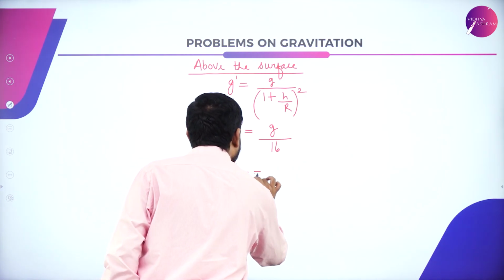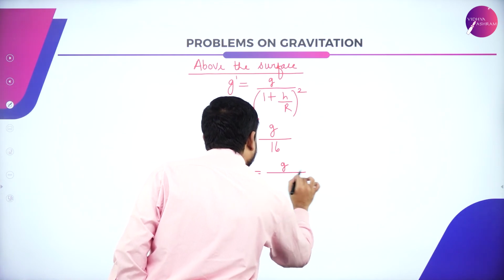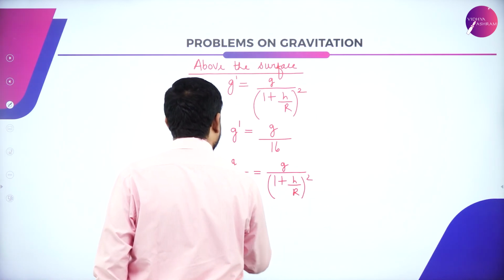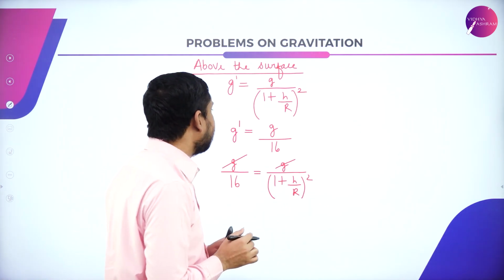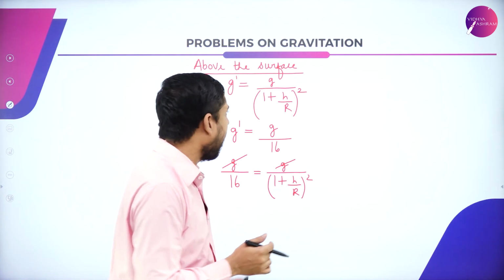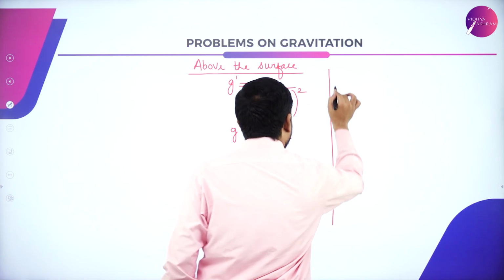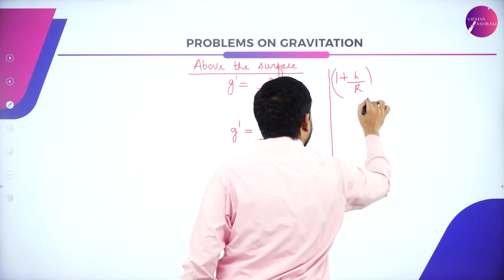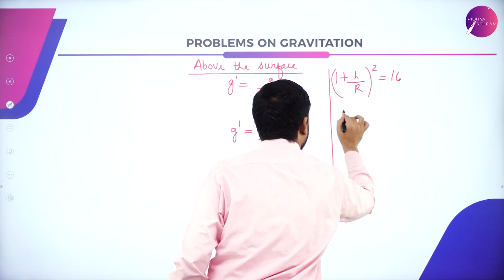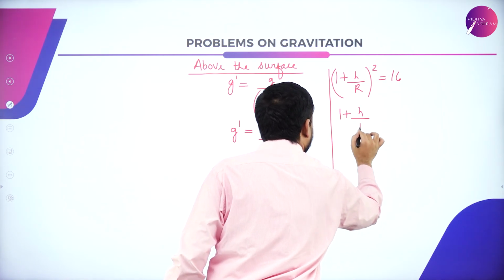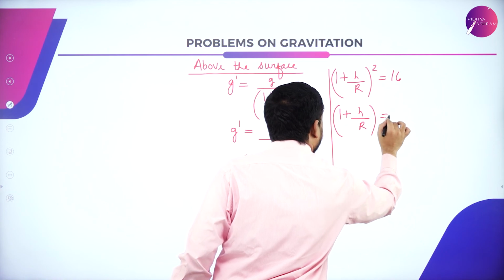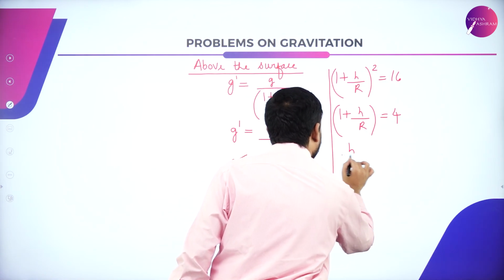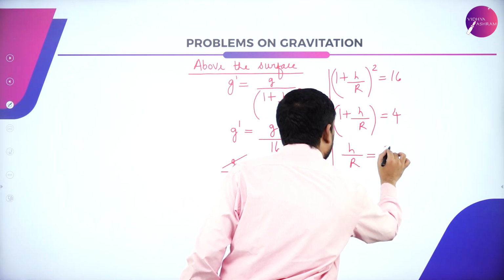g dash is g by 16, g by 1 plus h by R whole square. G and G get cancelled, or we have 1 plus h by R whole square is 16. 1 plus h by R is equal to 4, or h by R is equal to 3.